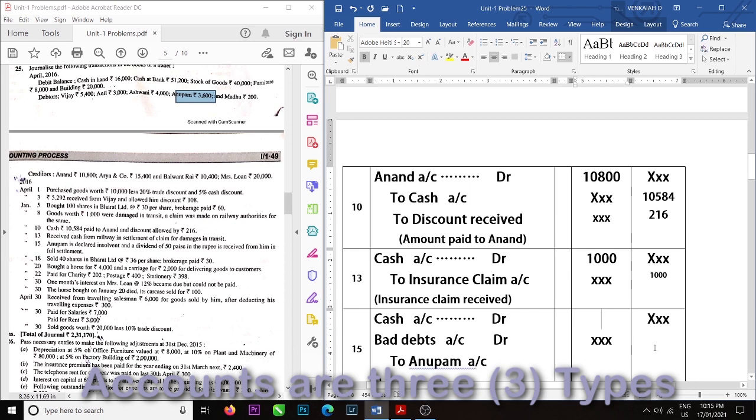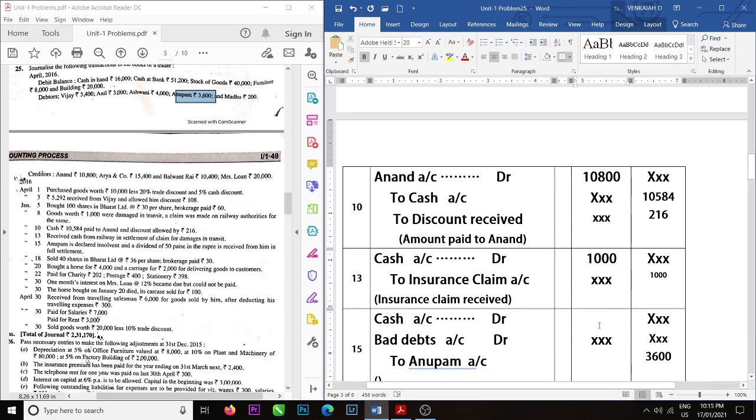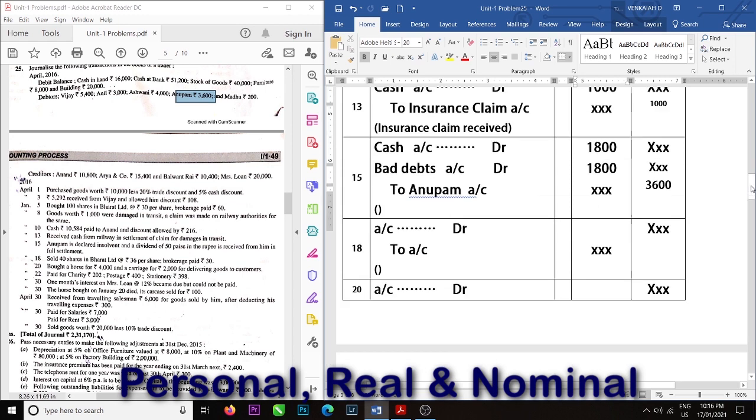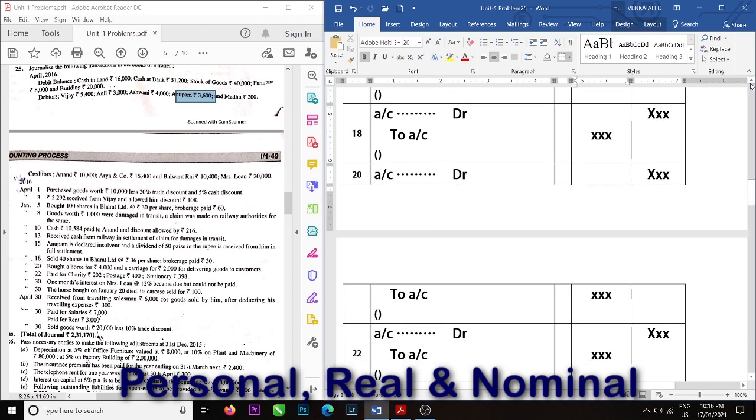So total Anupam has to give to us is 3,600. In that he is able to pay only 50%, 1,800. Remaining 1,800 is bad debts or we cannot recover. Loss also, that is totally lost to us. Anupam account settled.